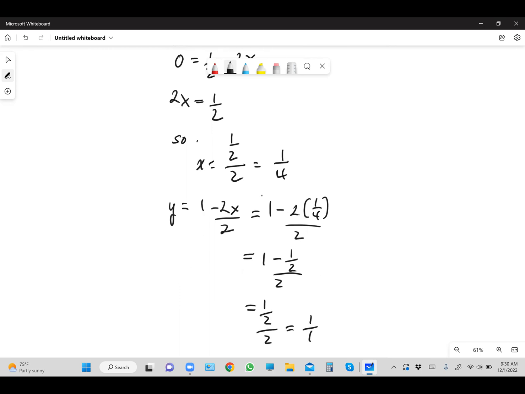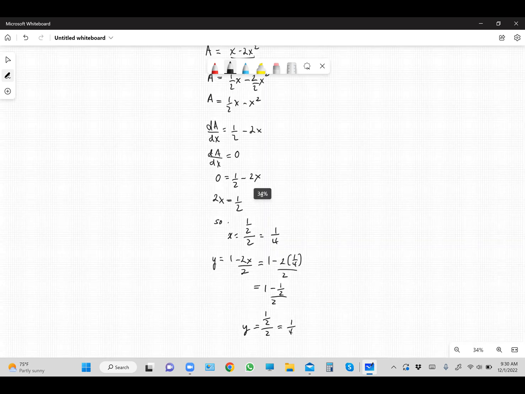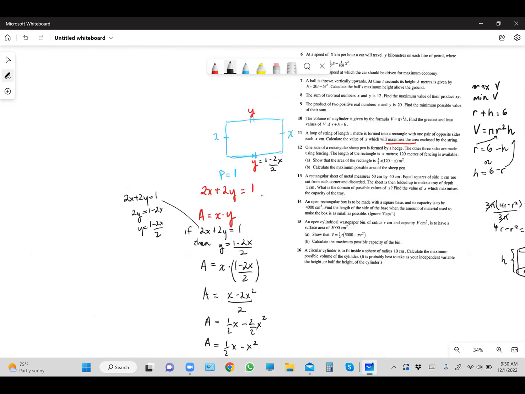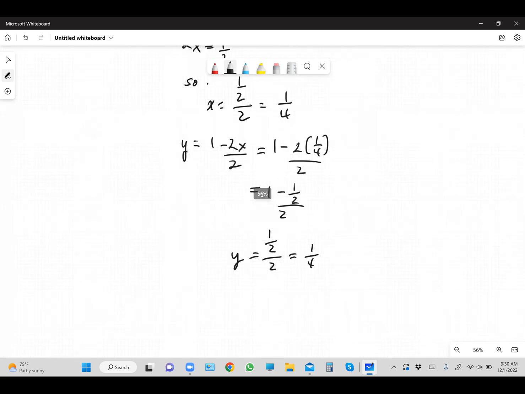Guess what? Y is 1/4. And so we go back to our original question at the beginning up here, and I'll go back down. This is 1/4 and this is 1/4. Guess what that is? Is that a rectangle or is it a square? It's a square. And of course, the area is maximized as a square.